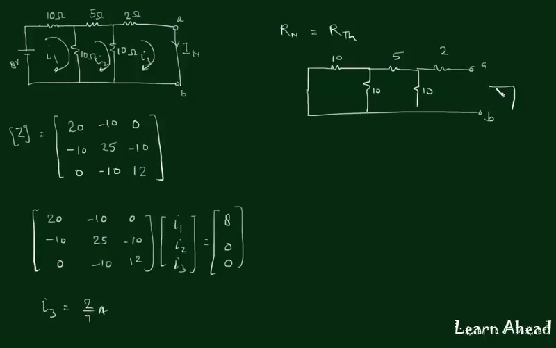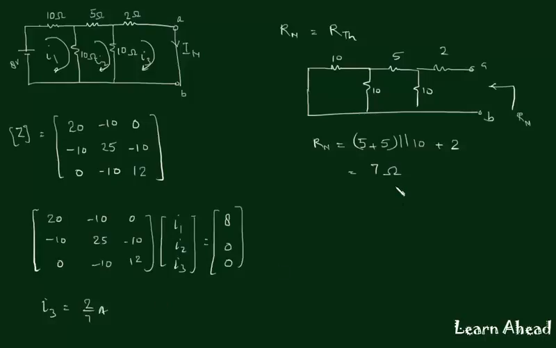Across terminals A and B, Norton's resistance is equal to: 10 in parallel with 10, so this will be 5, in series with 5, which is combined in parallel with 10, and which is in series with the 2 ohm resistance. So this comes out to be 7 ohm.